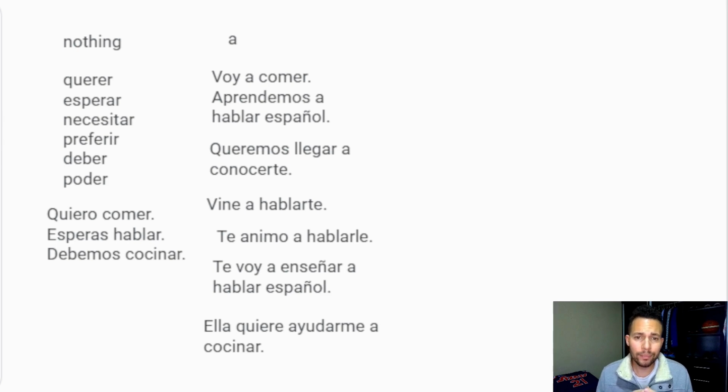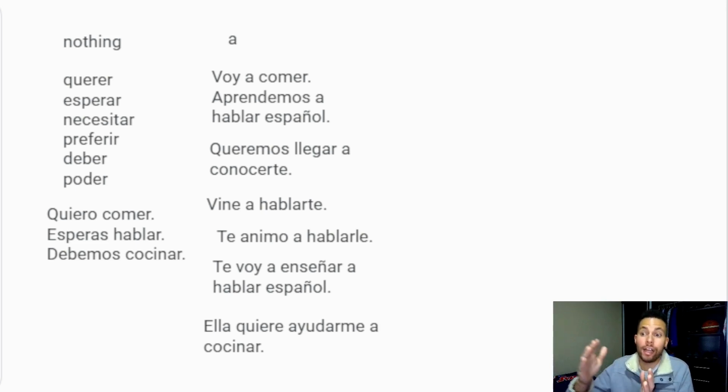But aprendemos a hablar español. Now we're going to start thinking about it more as a figurative motion. We learn to speak Spanish. The idea there is we are moving from the lack of an ability to having another ability.